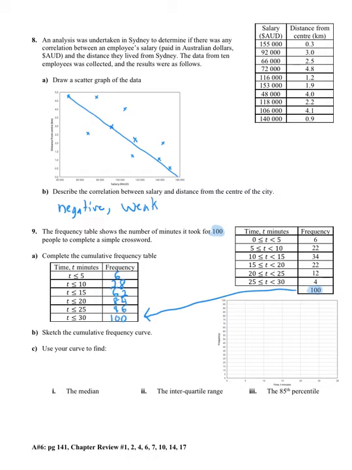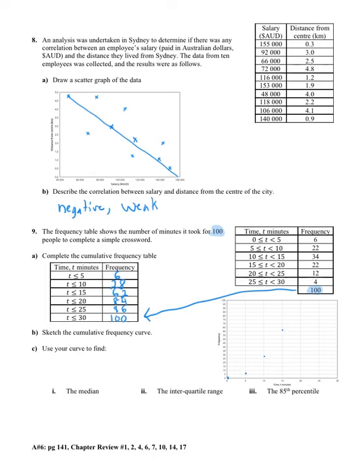And then we sketch the curve. So from 0 to 5 is going to be 6. So time in minutes up to 6, it looks like. We'll start at 0 there. And then when we get to 10, we go to 28. And we're using the cumulative frequency from our table here. When we get to 15, we're all the way up to 62 now.